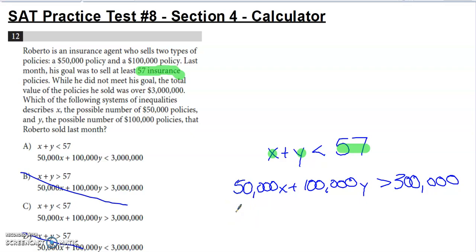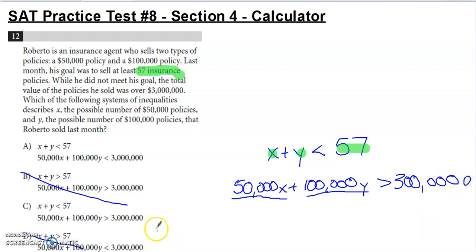It says that the total value of the policies that he sold was over $3 million. So that must mean that $50,000 times however many of that type of policy he sold plus $100,000 times however many of that policy he sold was greater than, looks like I put the wrong number here. My comma's going to be all messed up, but that's supposed to be a 3 million.